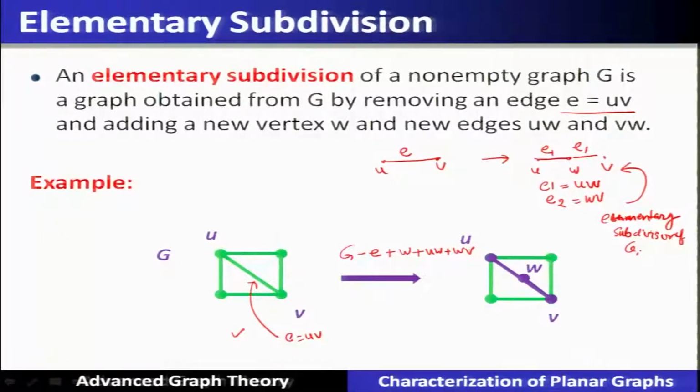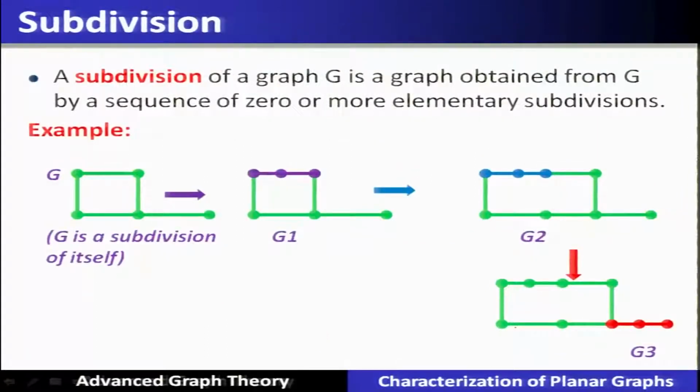So, this is called the elementary subdivision of the graph G. Now, a subdivision of a graph G is a graph obtained from that graph by a sequence of zero or more such elementary subdivisions.